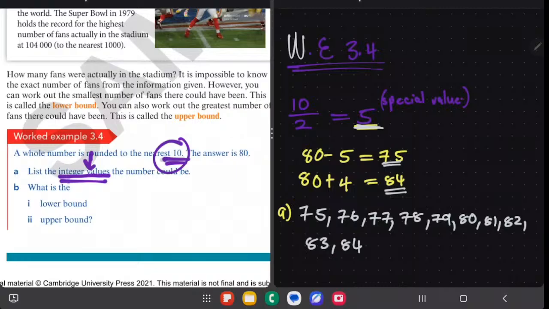We have listed all of them. So these are all the answers that will give you 80 when you round them to the nearest 10.